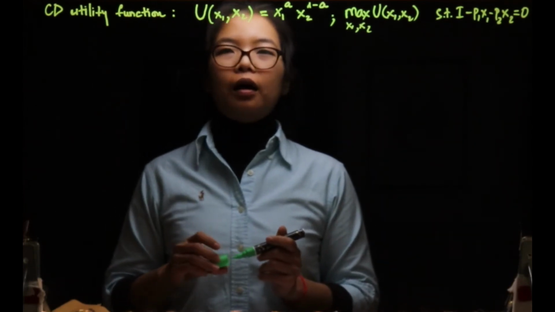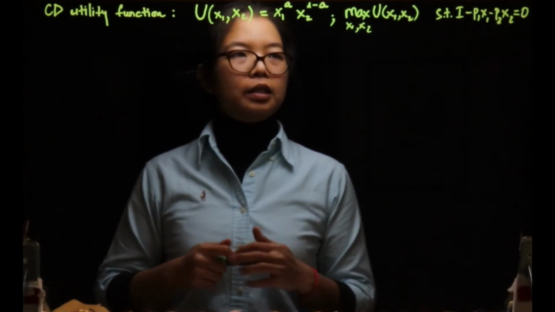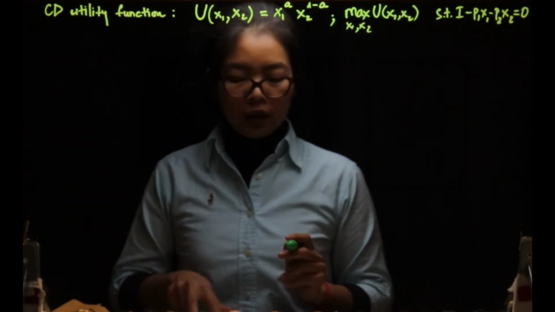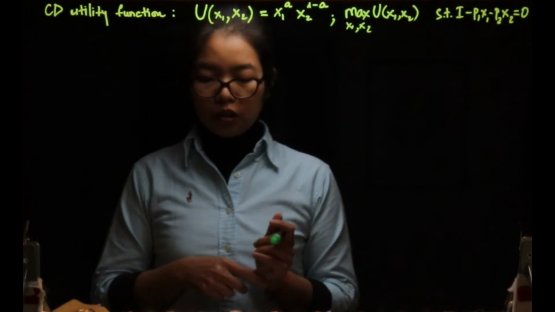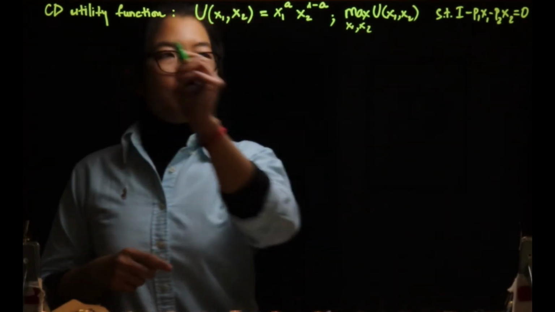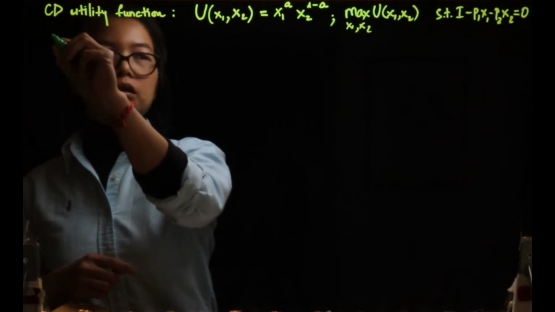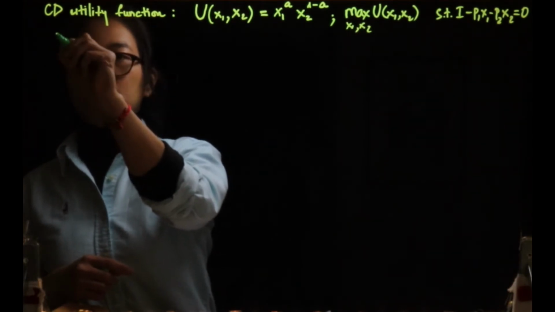Okay, how do we solve this maximization problem with the Cobb-Douglas utility function? Let's see. The first thing, we have to set up the Lagrangian function, right?